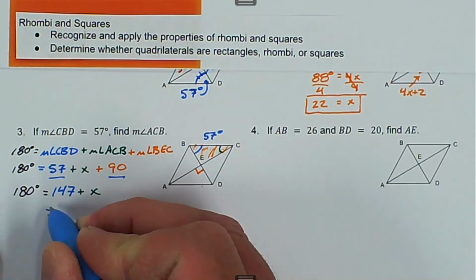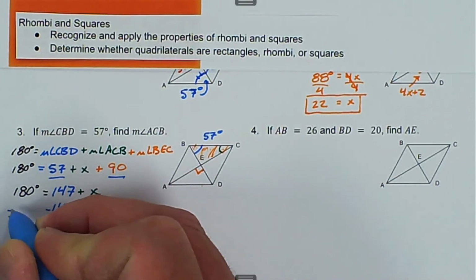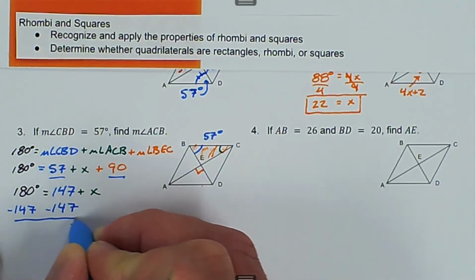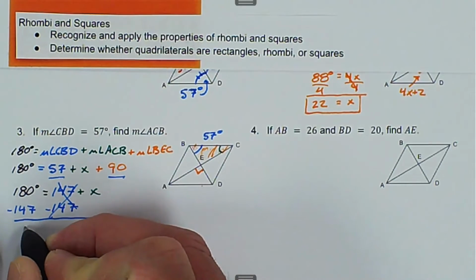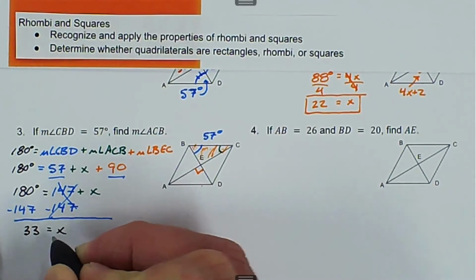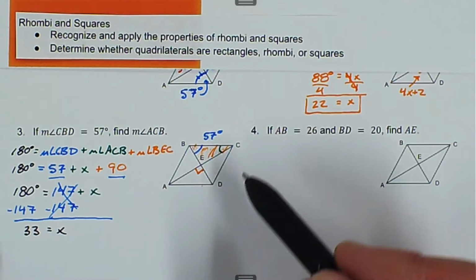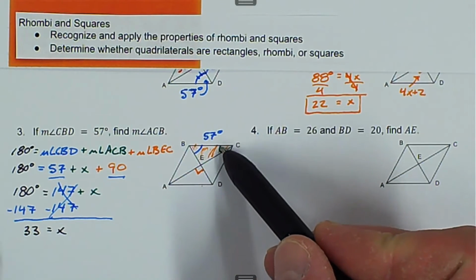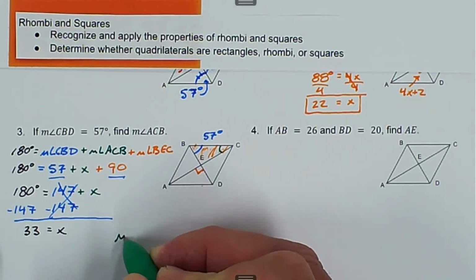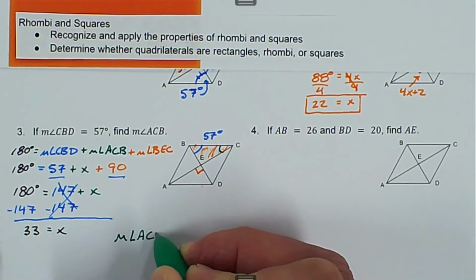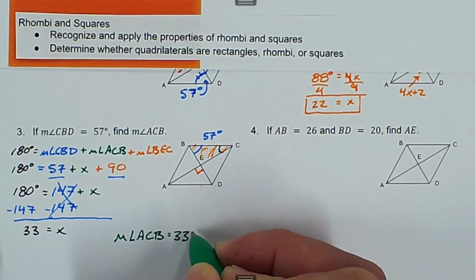And then we can subtract 147. 147 cancels, and we're left with X is equal to 33. So X was representing our green angle up here. So we know that the measure of angle ACB is equal to 33 degrees.